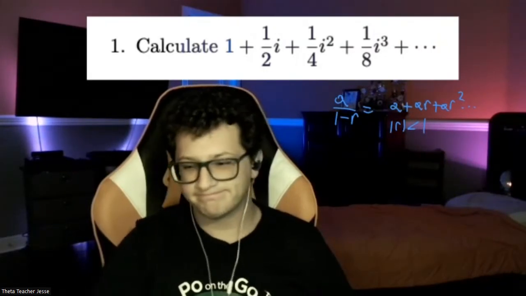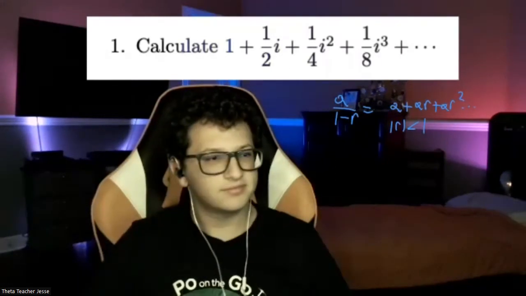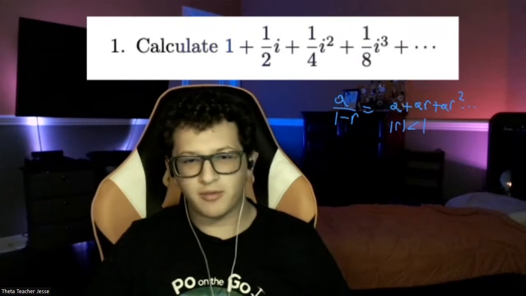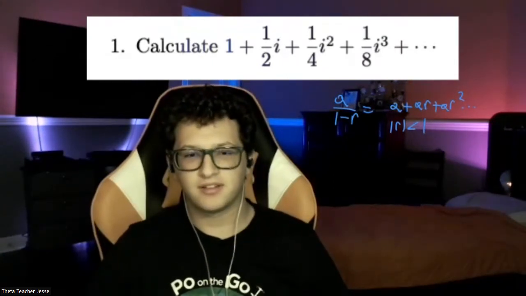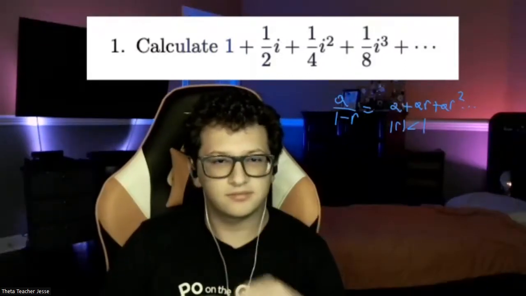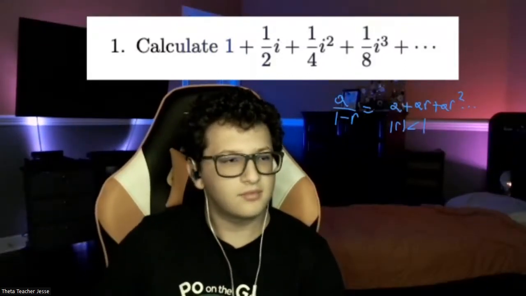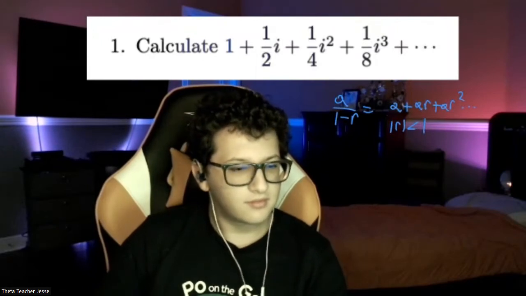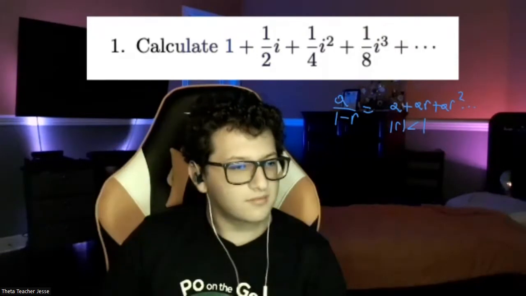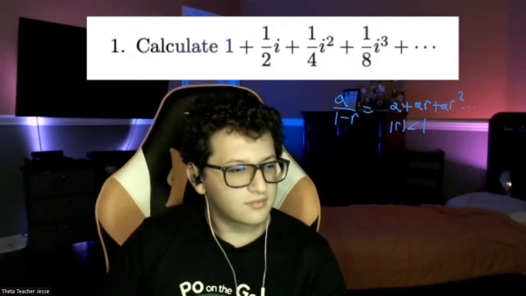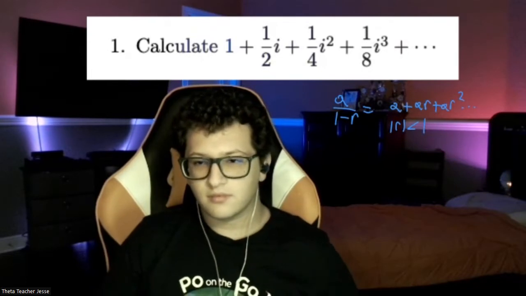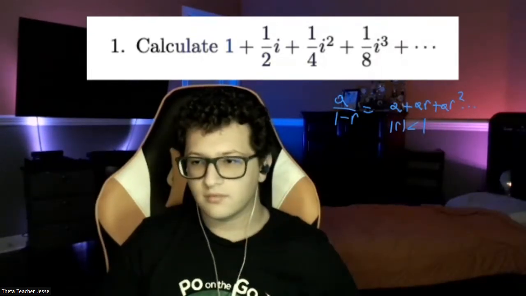And he went over magnitude. Yeah, we went over the magnitude of a complex number. Okay, so basically, we know that our a for this sequence is 1, and then our r is half i. The first thing to notice is that we're dealing with a geometric sequence.